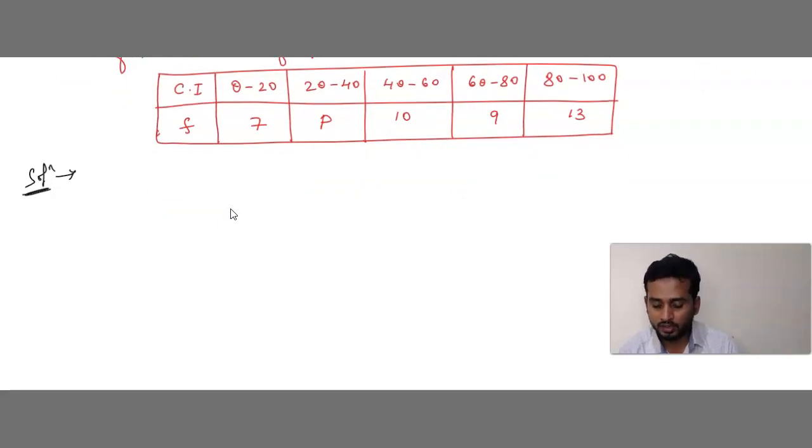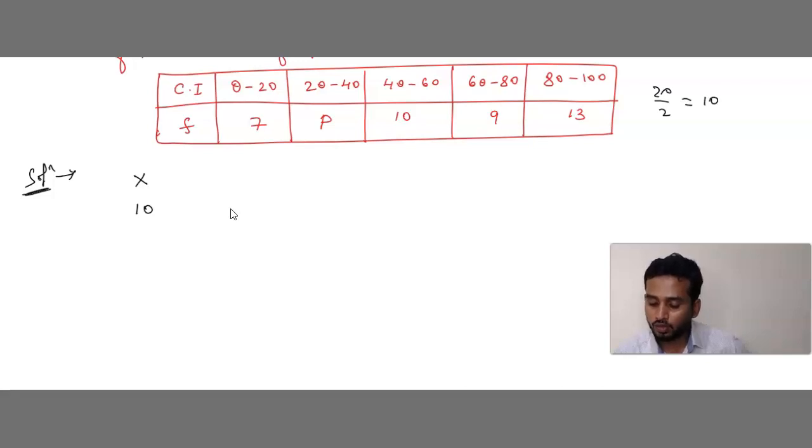Now I will take the same way we have done the mean, we do the same method. x, that is midpoint, for 0 to 20, what is the midpoint? 10. For 20 to 40, 20 minus 0 is 20, 20 divided by 2, that is 10.